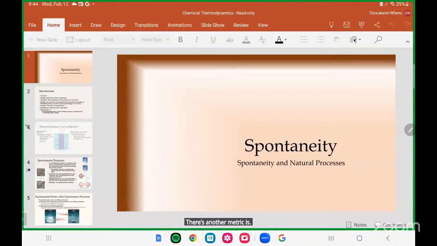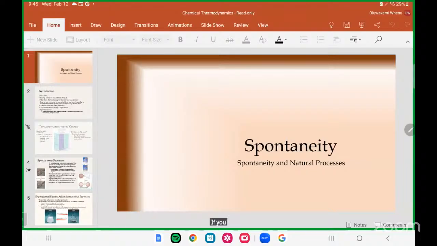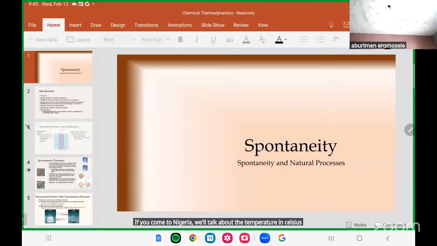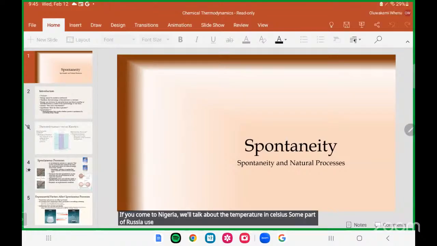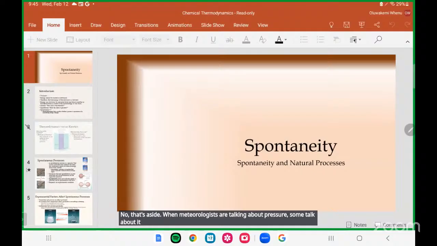Okay, so for example, let me give you something. If you go to America and they are talking about temperature, they are going to talk about it in Fahrenheit. If you come to Nigeria, we'll talk about temperature in Celsius. Some parts of Russia use an old temperature unit. Now, that aside, when meteorologists are talking about pressure, some talk about it in millimeters of mercury, some in bar.